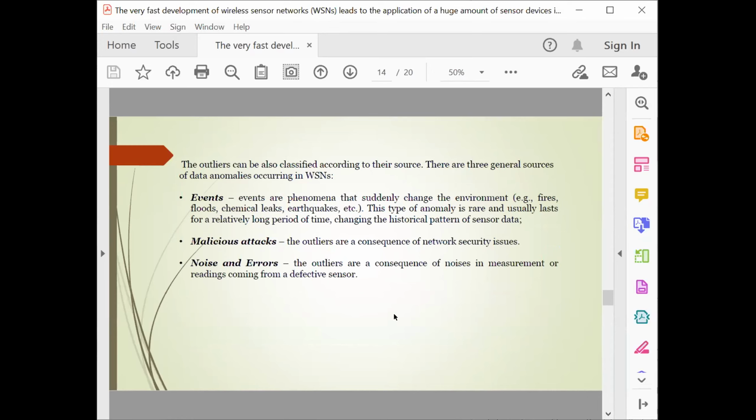Several general sources of data anomalies can be differentiated here: events, when something suddenly changes in the environment; malicious attack, when the network suffers from security issues; and noise and errors, when these outliers are a consequence of noise in measurement or reading coming from defective sensors.